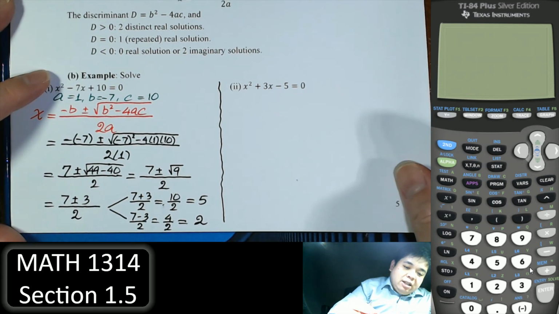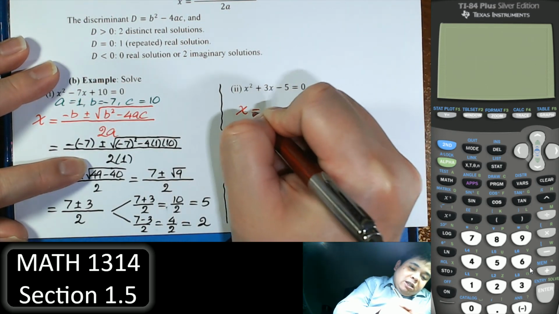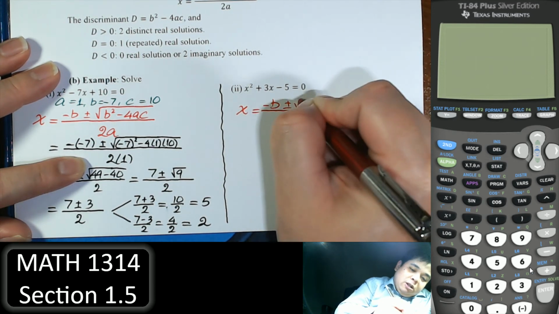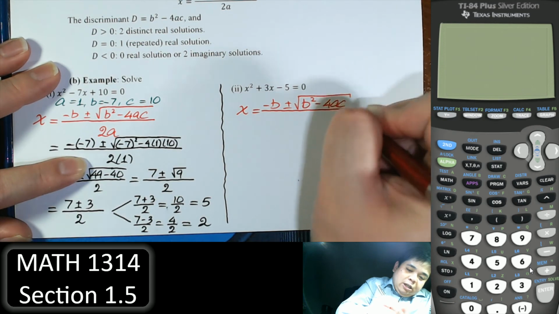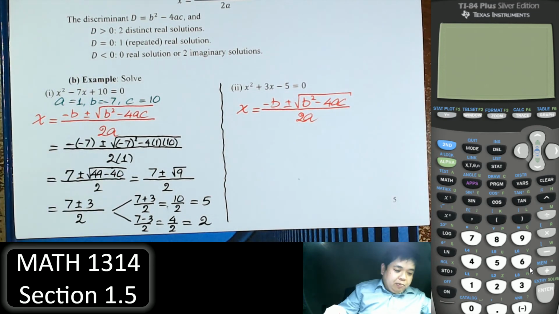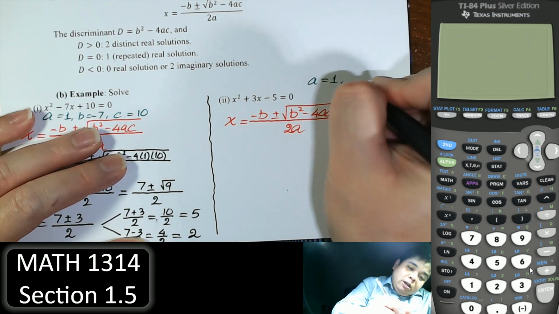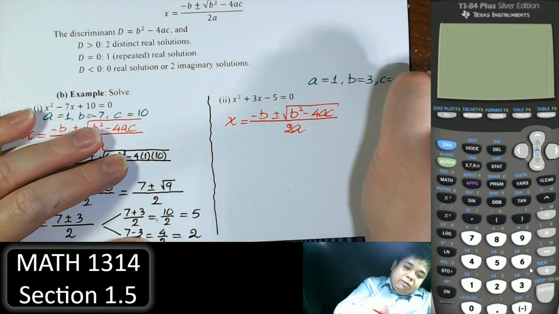Right. Next, we do this problem. X equal to the quadratic formula, negative b plus or minus the square root of b squared minus 4ac over 2a. Right, in this particular example, a is 1, b is 3, and c is negative 5.